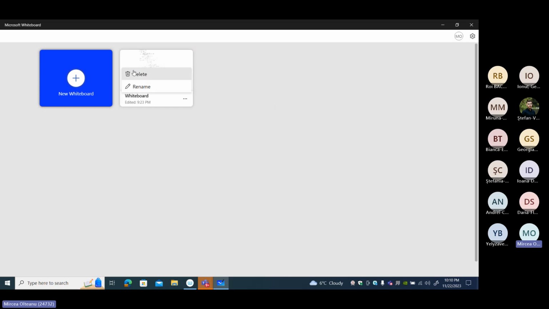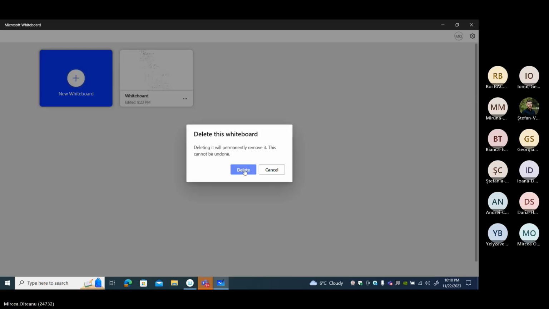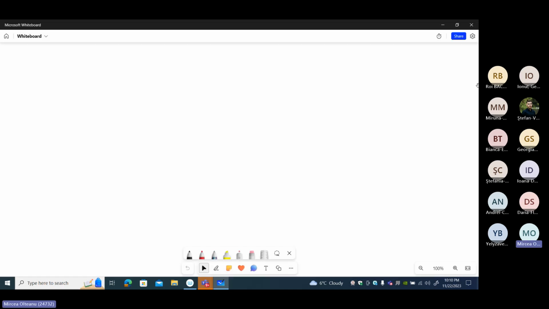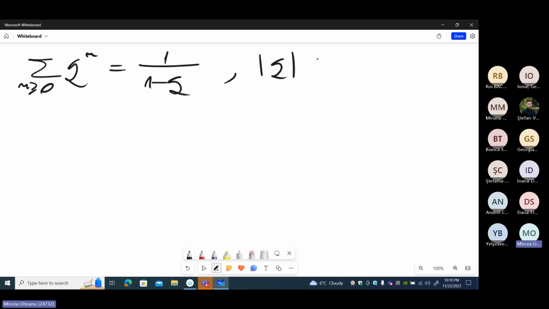So we must know that the sum of q^n starting with 0 equals 1 over 1 minus q. Attention, if and only if the modulus of q is strictly less than 1. This is an elementary result about the geometric series. This is the kind of theoretical result we need.